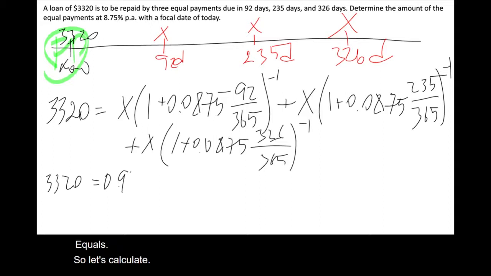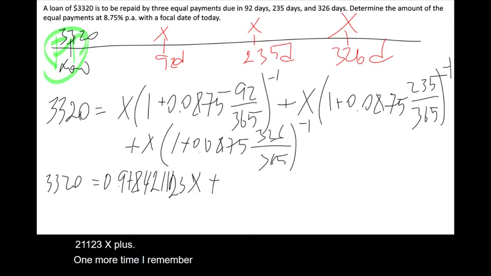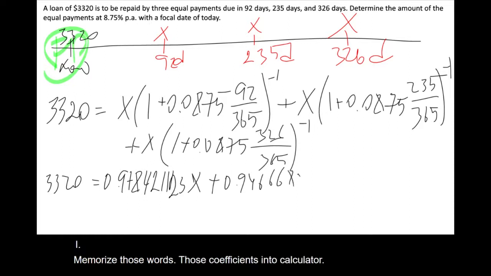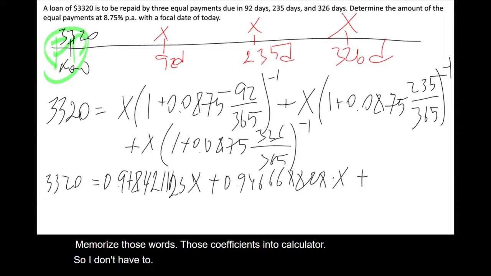It is 0.978421123x plus. One more time, and I remind you that I memorize those values, those coefficients, into the calculator, so I don't have to rekey it back.